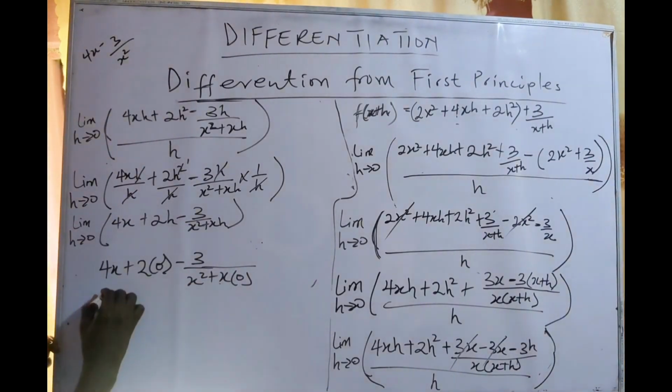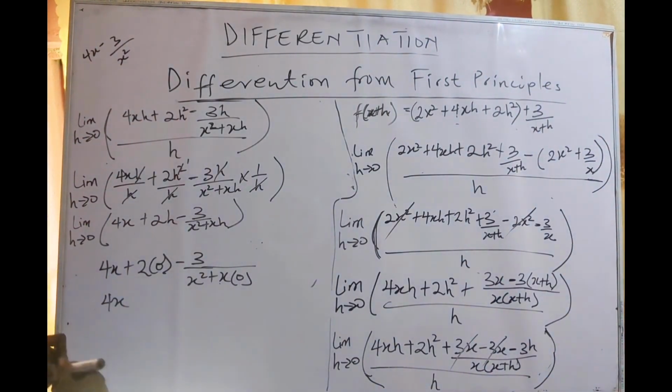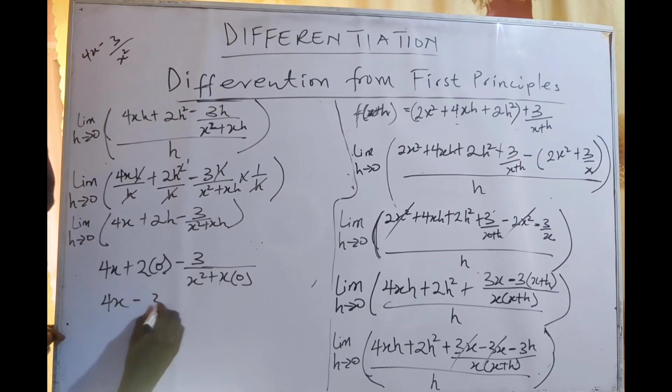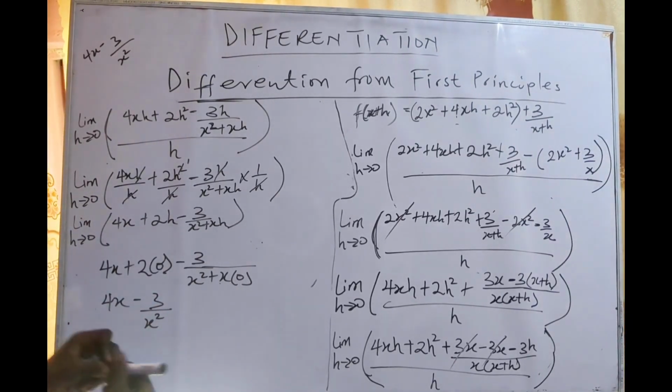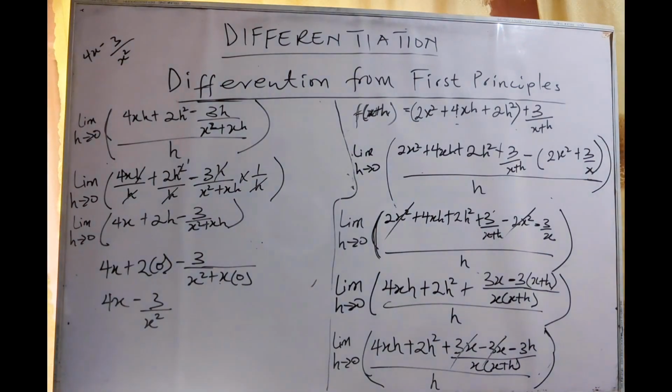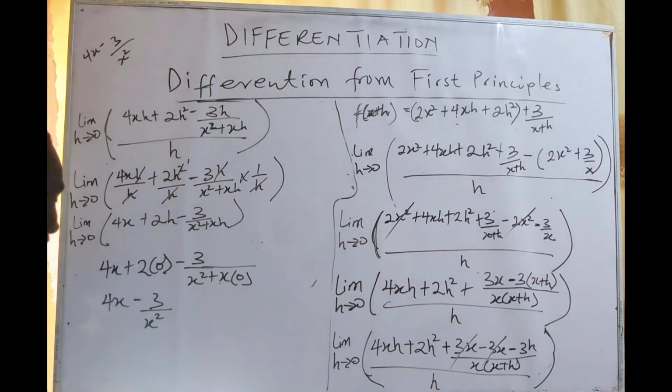So 2 multiplied by 0 gives us 0, and x multiplied by 0 gives us 0. So from the first principle, we can say that the answer is 4x minus 3 on x squared, the same as the previous answer we got from the normal way of differentiation.